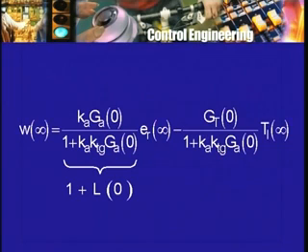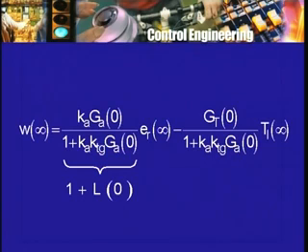And the factor by which we have been able to reduce this error caused by load torque changes is given by this 1 plus L0. And very often L0 is much greater than 1. Therefore, it is this loop gain, its value at s equal to 0, because there is a transfer function involved, that determines the reduction in the effect of load torque changes.